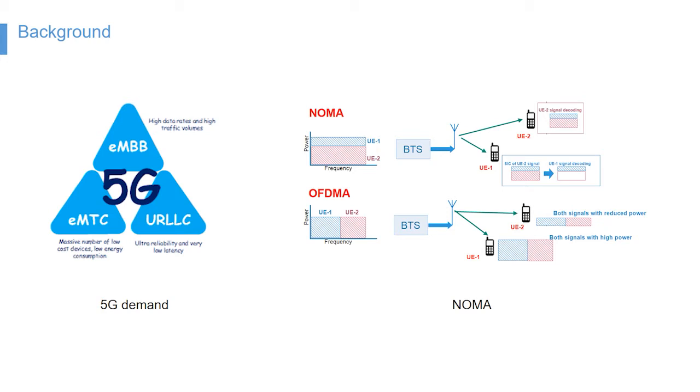Cell-Free Massive MIMO is proposed as a new type of distributed network architecture, which uses a large number of distributed antenna access points to serve a small number of users distributed in a large area.